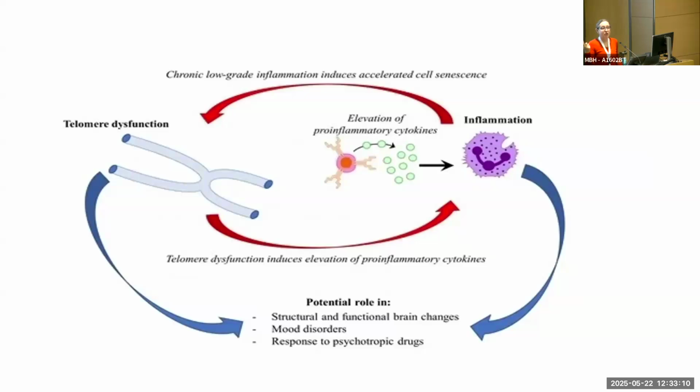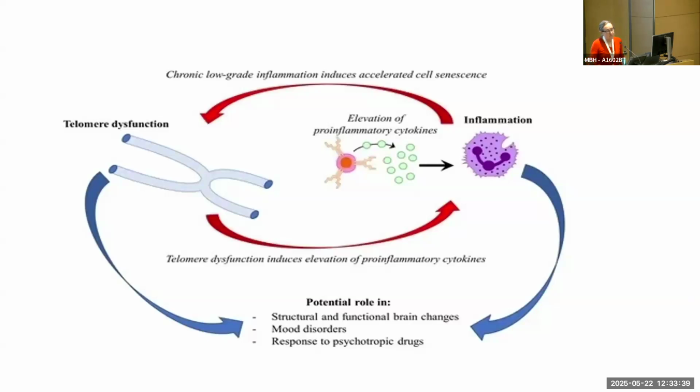But there's kind of this circular feedback loop. In other words, telomeres get shortened just by the process of aging. As we age and every cell divides, telomeres get shorter with every cell division. If you look at population-based studies, infants have the longest telomeres, and then they get progressively shorter as we age.